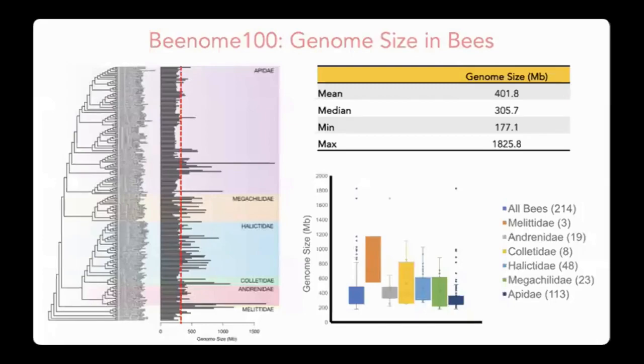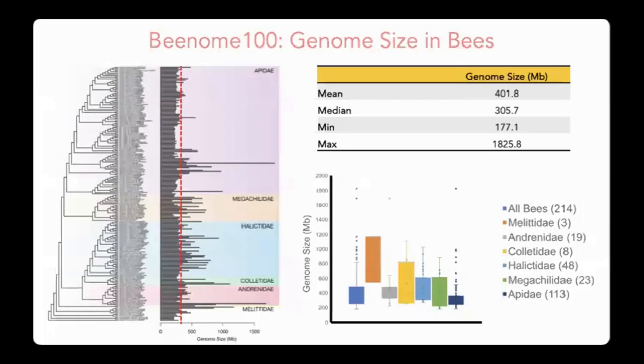So what we see is that the mean bee genome size is 402 megabases with a range from 177 megabases on the smaller end to up to 1.8 gigabases. Interestingly, many orchid bees and a few other bee lineages have significantly enlarged genomes above 1 gigabase, but the average bee genome seems to be below 1 gigabase, as far as we know so far.